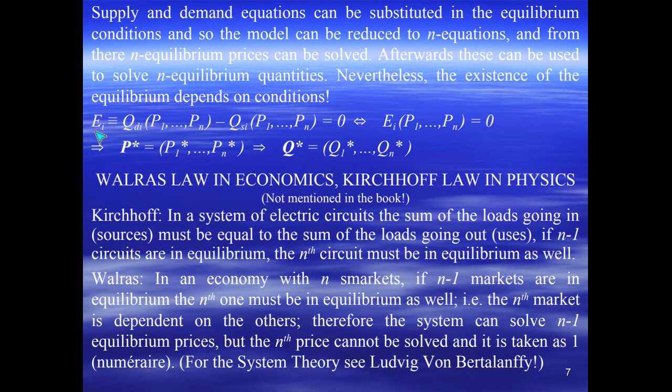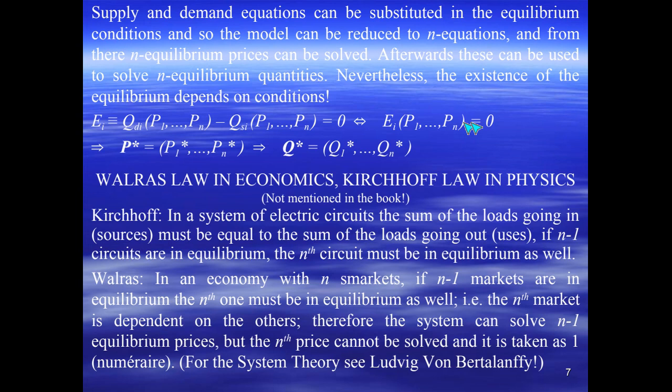The excess demand Ei, instead of ED, I guess Walras used Ei rather than EDi, since he's French. So Ei is equal to QDi as a function of P1 to Pn minus QSi as a function of P1 to Pn, equals 0. So Ei is a function of n prices, P1 to Pn.